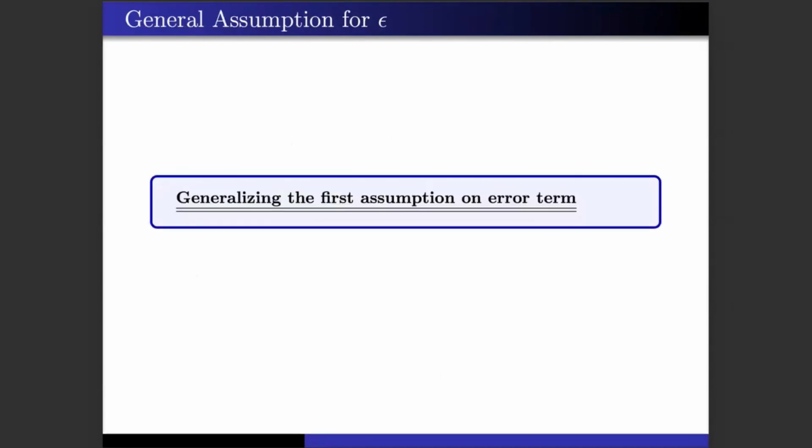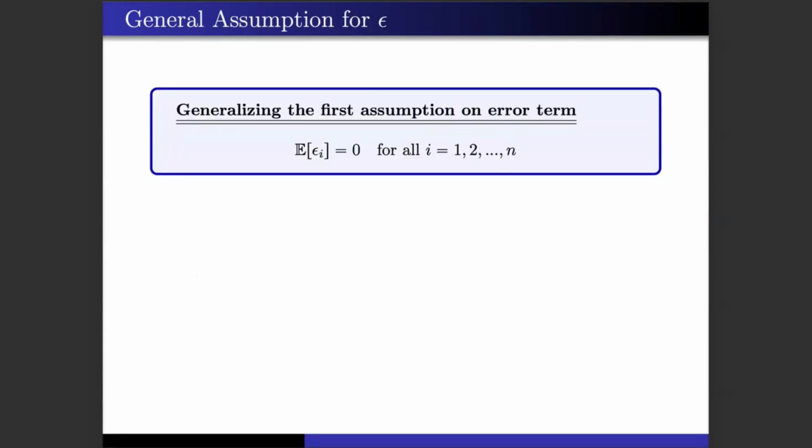So let's start by generalizing the first assumption. The first assumption on the error term is that if we have n observations, then the expectation of epsilon 1 would be 0, expectation of epsilon 2 would be 0, and so on, expectation of epsilon n would also be equal to 0. Let's generalize this assumption and see what the expectation of the random vector error term epsilon would be.